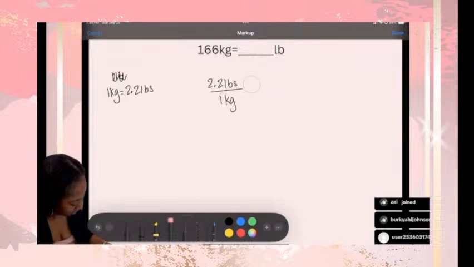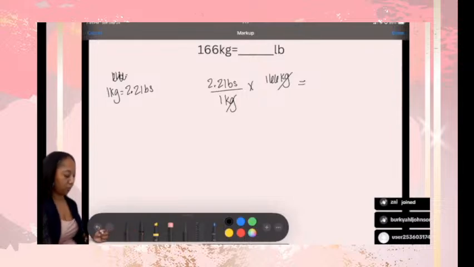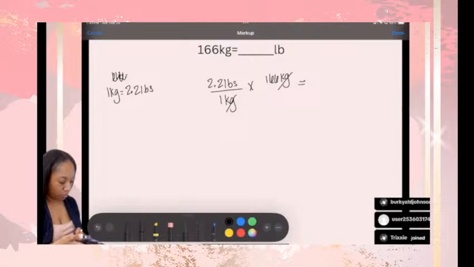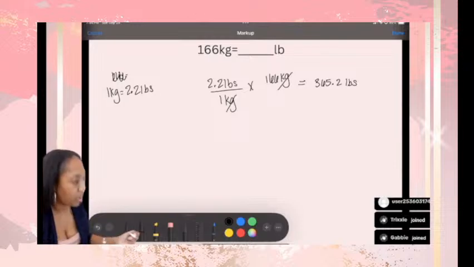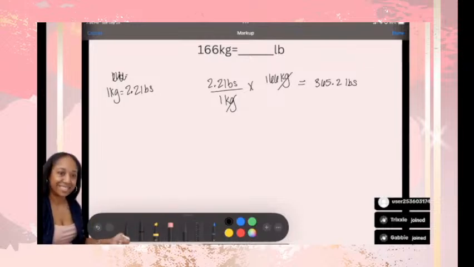Times 166 kgs, so that your kilograms cross out, okay? You will multiply by 2.2 this time instead of divide, because you're going from kilograms to pounds. So that's going to be 365.2 pounds. Alright?